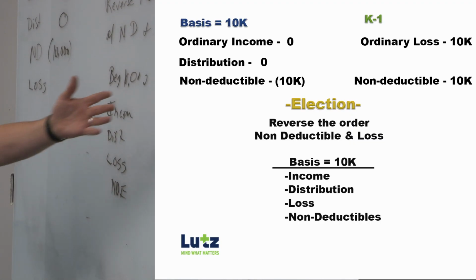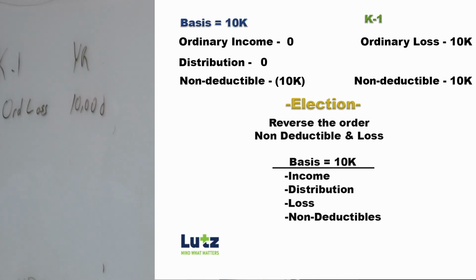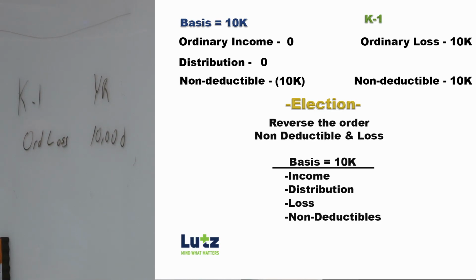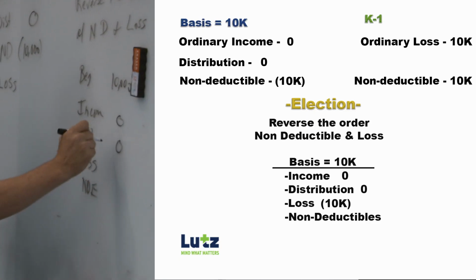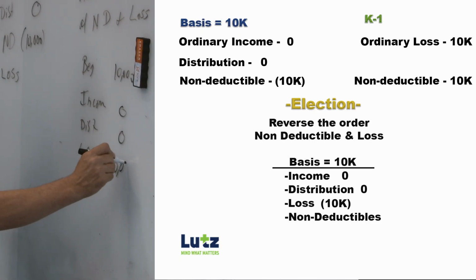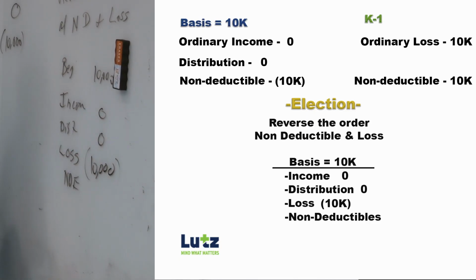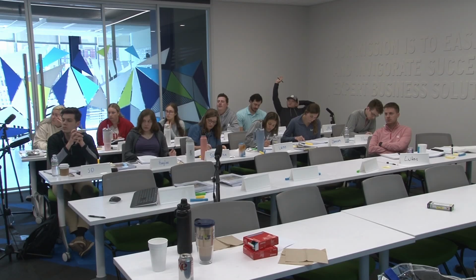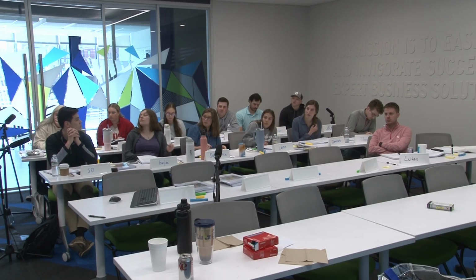So if this is my fact pattern, and I have 10,000 at beginning basis, and I have 0 income, 0 distribution, well, my gosh, I get to take that loss. Why would you want that? Because doesn't the non-deductible disappear and then the loss would carry forward?